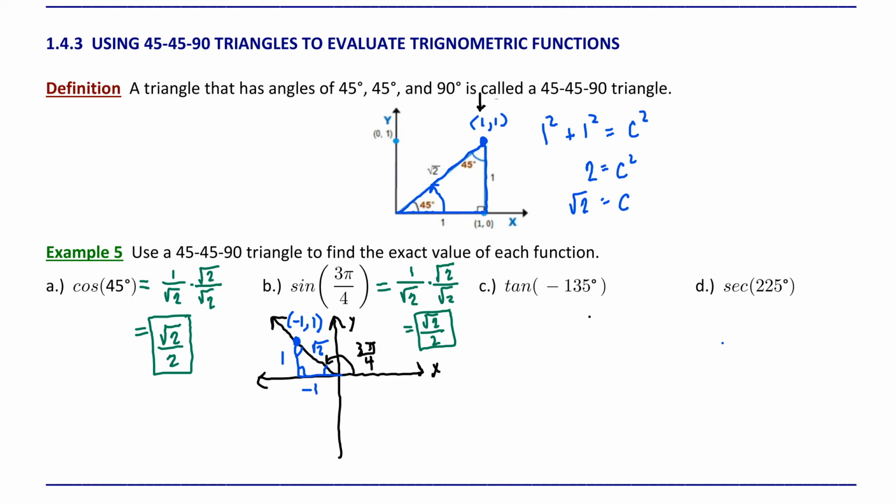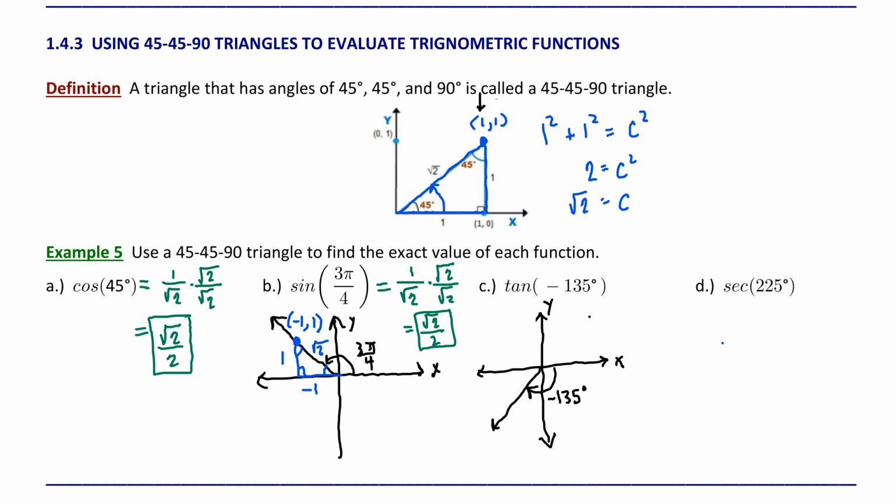Let's try that same technique on the next example. This time, we're going to evaluate tangent of -135 degrees. Notice -135 is a multiple of 45 degrees. Its terminal side is over here in quadrant 3. So here is the angle -135 degrees.